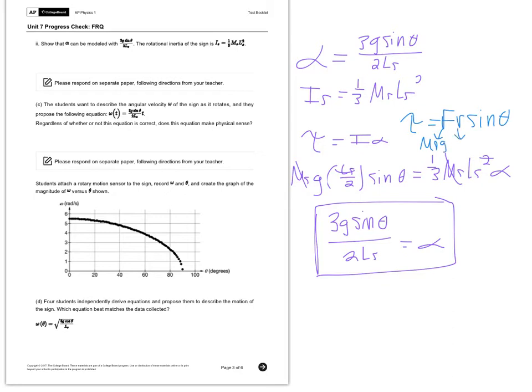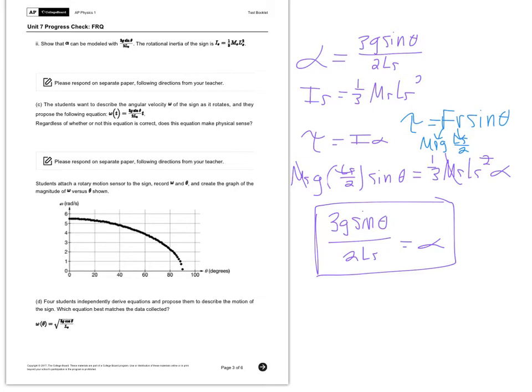Your radius is always half the length of the rod, so that would be LS over 2, and then sine theta. So that's where this MSG LS over 2 sine theta came from. And then the third point would be for the correct substitution for rotational inertia. So plugging in this for our I, and then from there, just showing how we go from here and here to here. So that was worth 3 points.